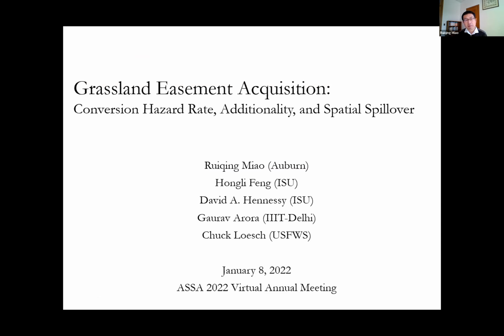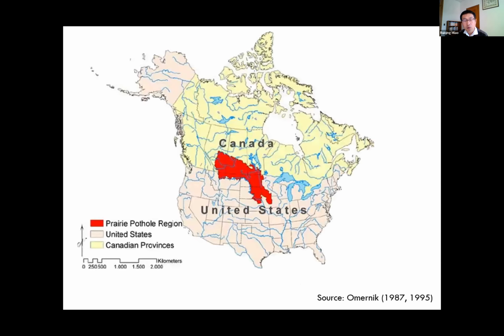So this paper is talking about the grassland easement acquisition. So we try to develop an integrated framework considering conversion hazard rate, additionality, and spatial spillover. So what motivated this work is the recent land use change in the prairie pothole region in the United States.